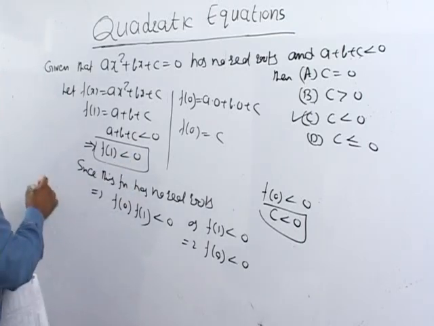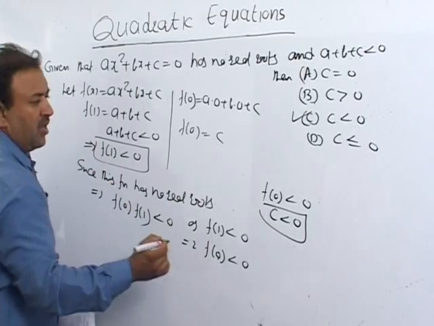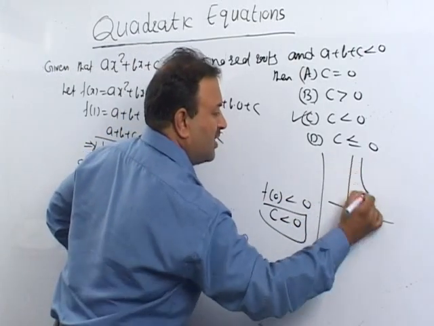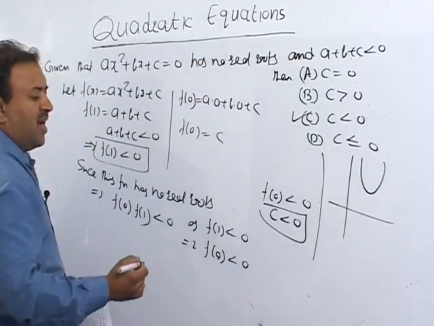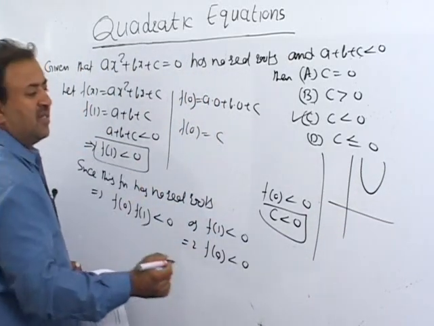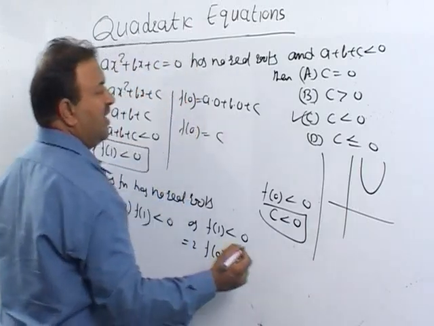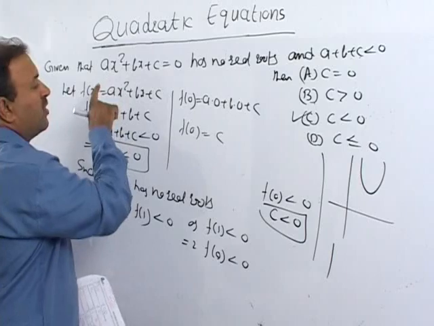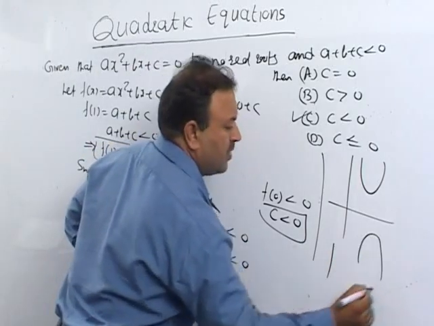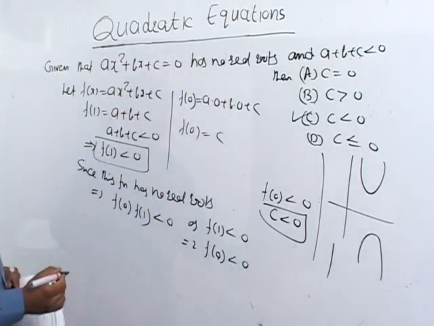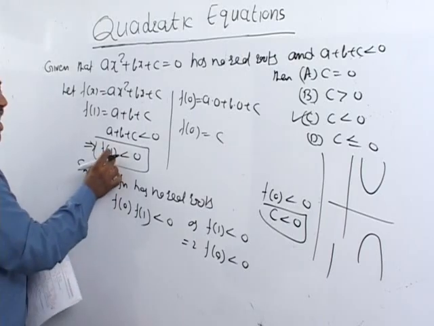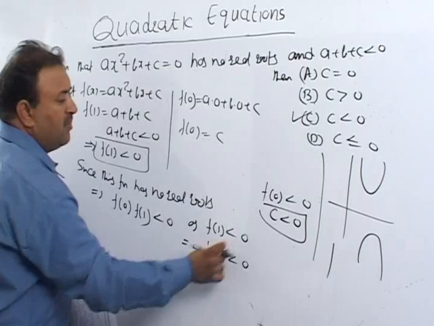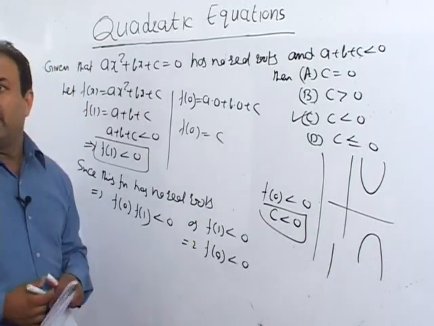It means this curve will be either this way, either above the x-axis or below the x-axis, since it has not been given whether a is positive or negative. So the only thing we can say is f1 is negative, so f0 should be negative. f0 negative means c less than 0.